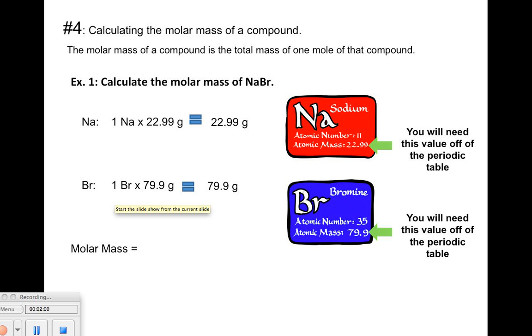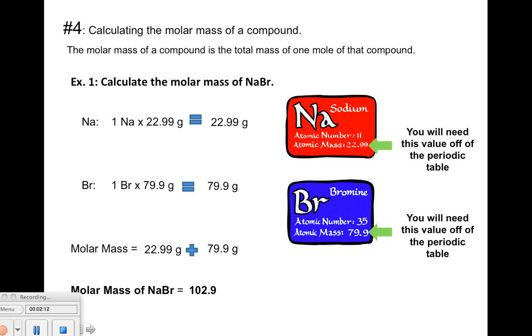So we're going to take the molar mass of the one sodium atom plus the molar mass of the one bromine atom, and we are going to get the total molar mass of NaBr to equal 102.9, and we always need to have units with these numbers. Since this is the total mass of 1 mole of a compound, the unit for the molar mass is grams per mole. Let's look at a second problem.